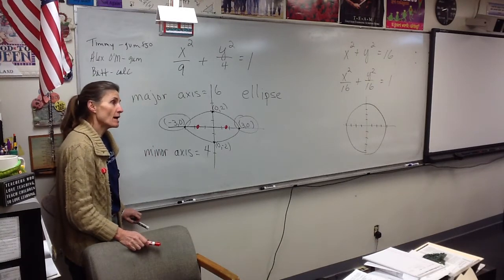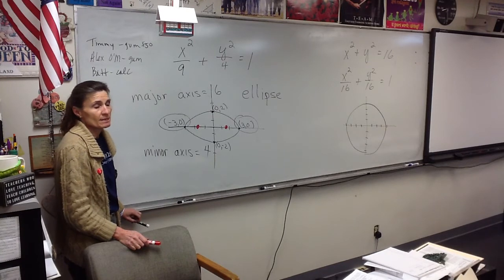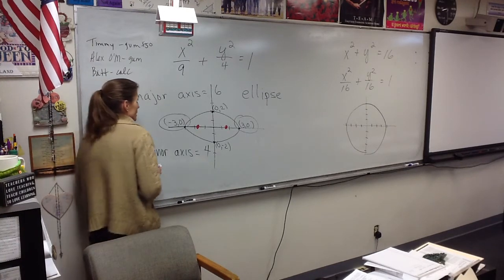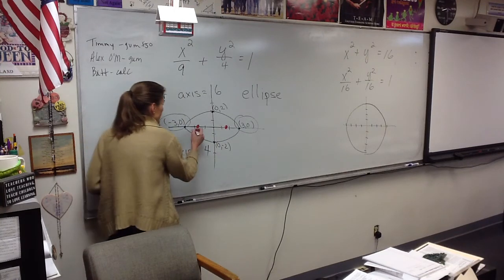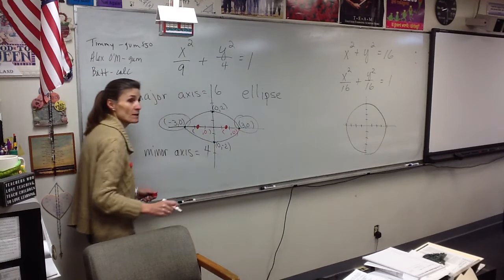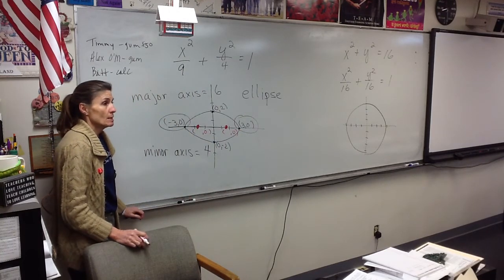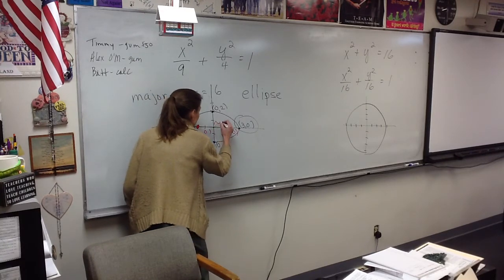Now, is the major axis always horizontal? No, it just happens to be in this case. In order to figure out where the foci are, we know they are something comma 0. You agree with that, right? In order to figure out the something, we need to know this distance.